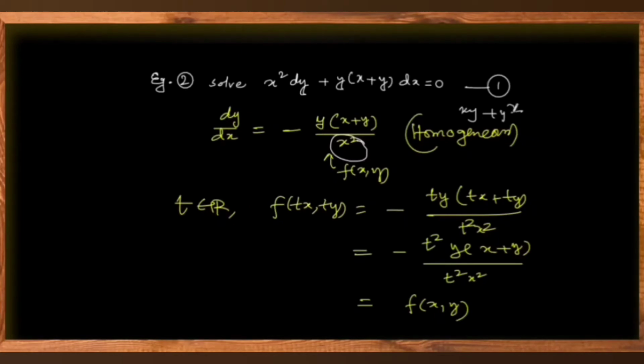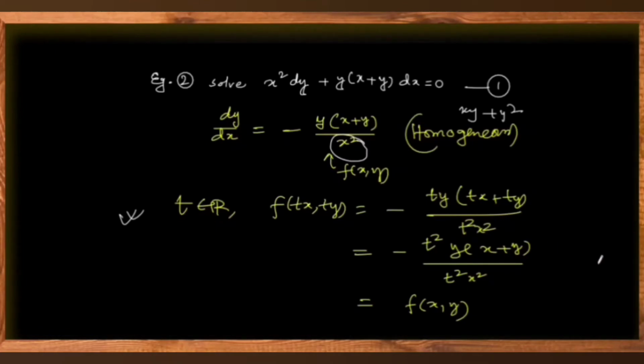So all the terms in the numerator are of power 2 and also in the denominator 2. So by observation we can see that this is a homogeneous equation, or we have the formula f(tx, ty) equals f(x, y).